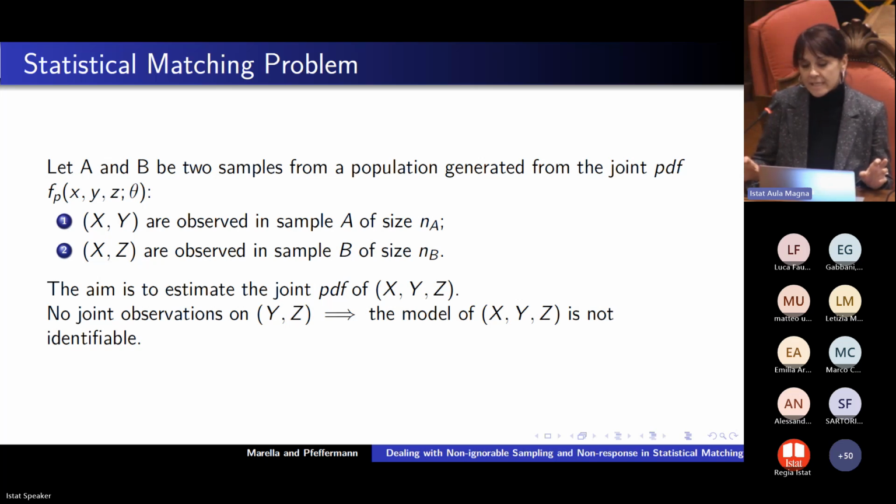Well, the aim of statistical matching is to estimate the joint distribution for the variables of interest, that is the joint distribution of X, Y, and Z. But the problem is that the lack of joint observation on Y and Z implies that the statistical model is not identifiable unless under strong assumptions, which generally are hard to confirm.